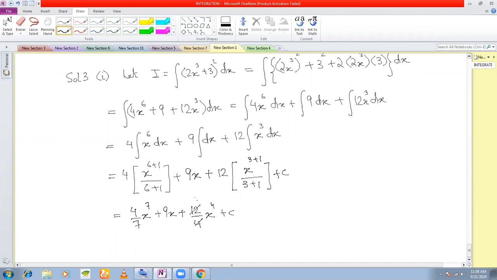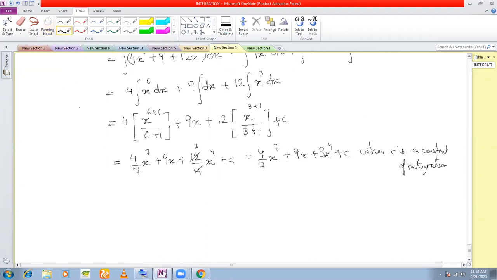Cancel this 3, so you get 4 by 7 x to the power of 7 plus 9x plus 3x to the power of 4 plus c, where c is the constant of integration. Remember plus c, don't forget, because marks get deducted even for not writing plus c. So plus c is very important.